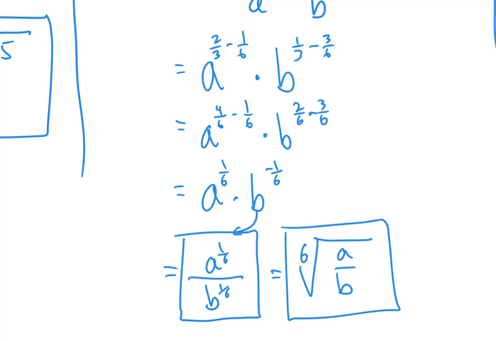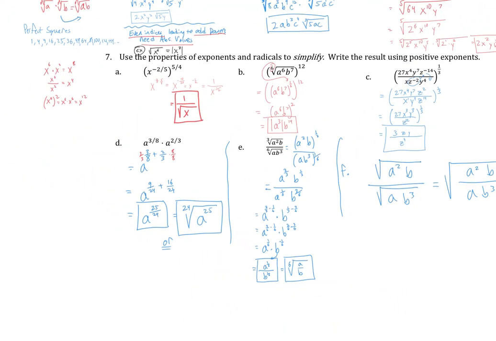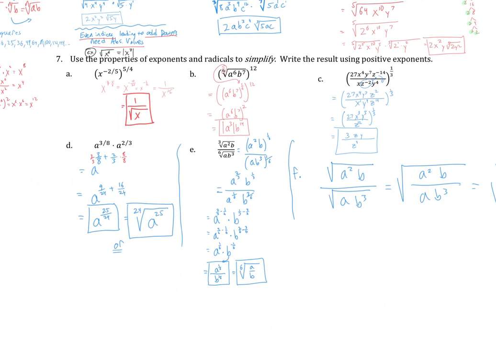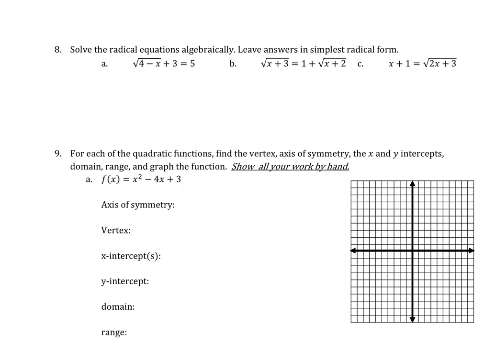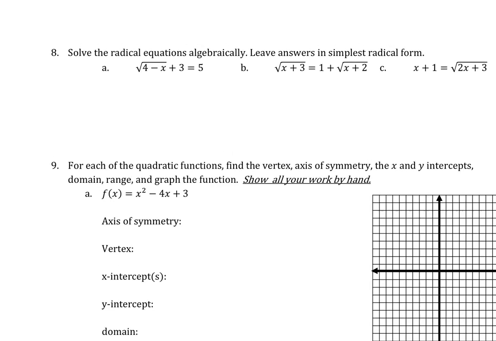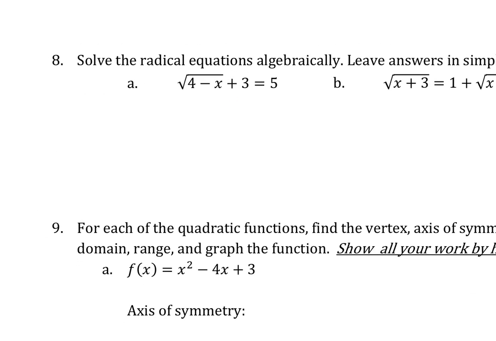Okay. All right. So there's some good examples with some radicals. How about some radical equations? Okay. Well, to solve radical equations, we need to get that radical all by itself. Let's subtract the 3. We got square root of 4 minus x equals 2.